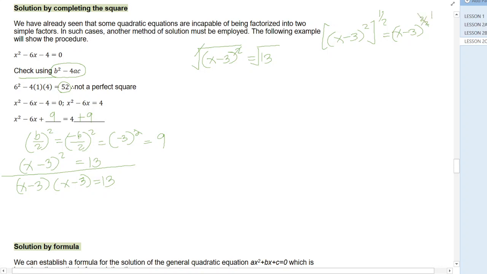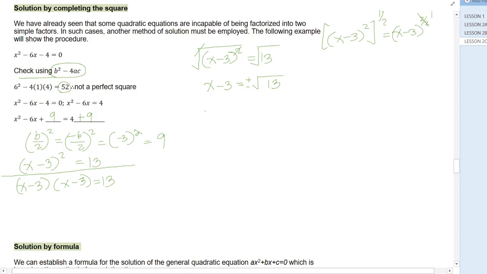That is raised to 1, and it will remain x minus 3. So x minus 3 is equal to the square root of 13. Be mindful always that a square root has two roots, so that is plus and minus.